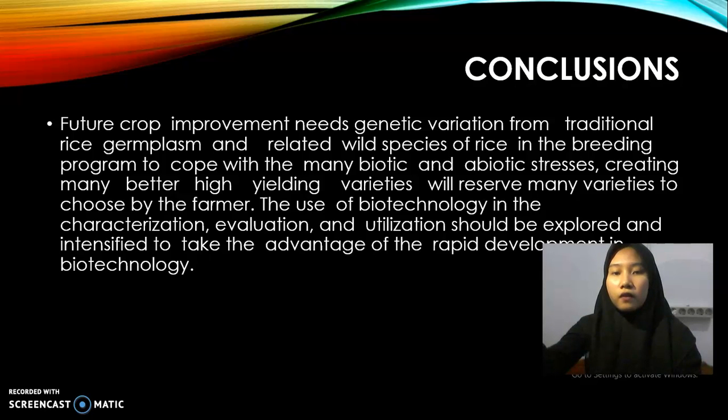Creating many better high-yielding varieties will provide many varieties to choose from by the farmer. The use of biotechnology in the characterization, evaluation, and utilization should be explored intensively to take advantage of the rapid development in biotechnology.